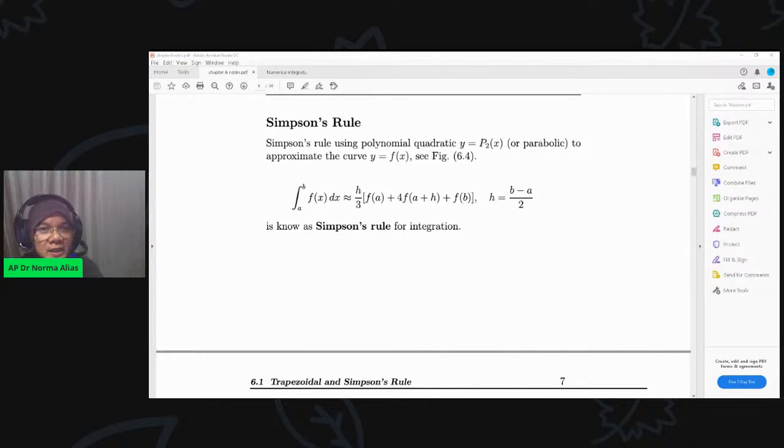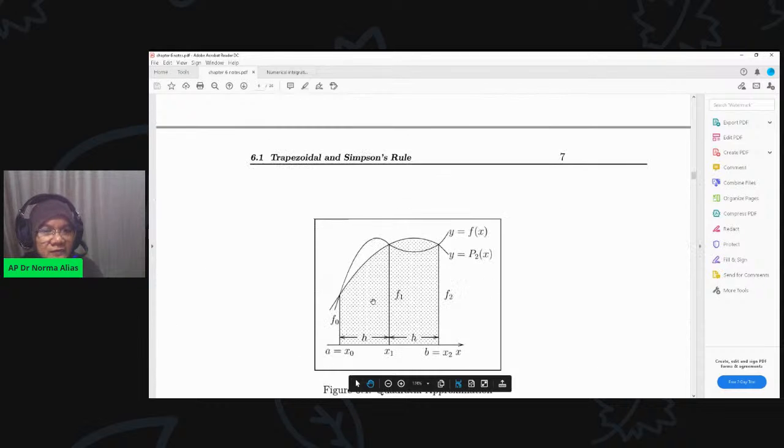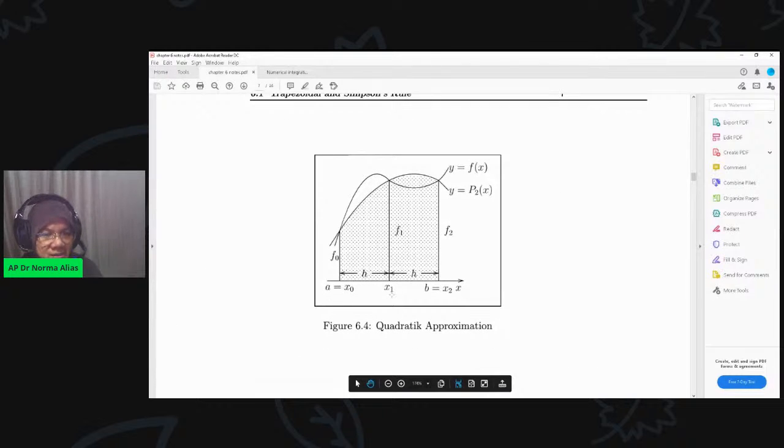This means we have two columns: a to x1, x1 to x2. Whatever the area under the graph, you can assume the graph is in parabolic form. The dotted graph is the area that you are going to find.